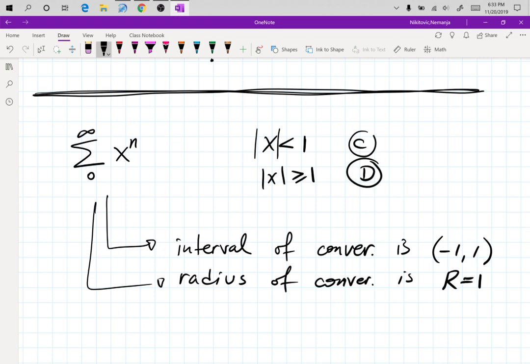Because you are centered at 0, so +1, -1 on each side, the radius is 1, right?